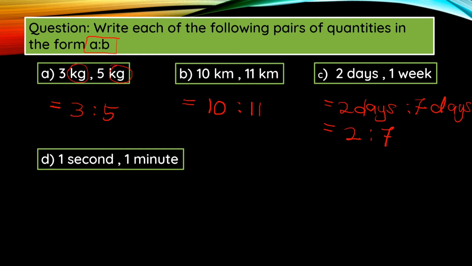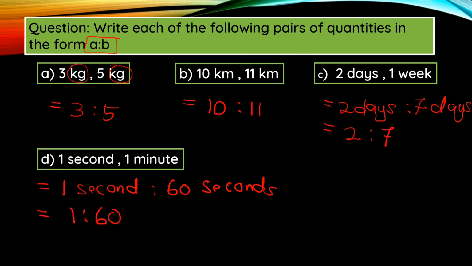So we can write 1 second ratio 1 minute, which is equal to 60 seconds. 1 minute is equal to 60 seconds. So we can write the ratio as 1 ratio 60, where the units are already equal. Do you understand?